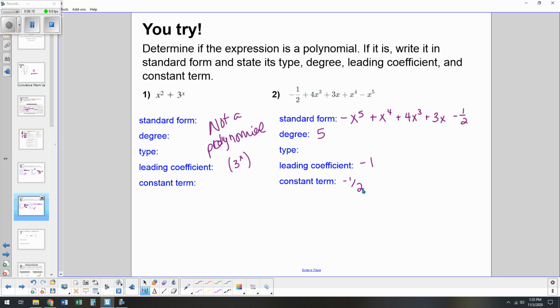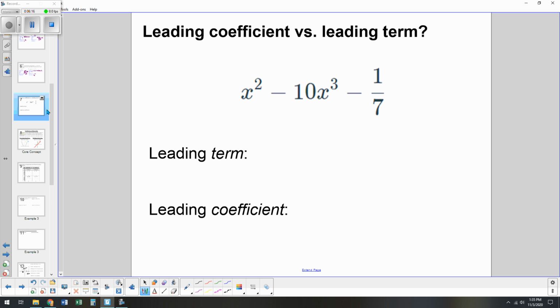All right, so go ahead, check your answers. A leading coefficient is different than the leading term. The leading term is the entire part with the number and the variable. So in this problem, the leading term, or the term with the highest power, would have been negative 10x to the third, and the leading coefficient is just negative 10.